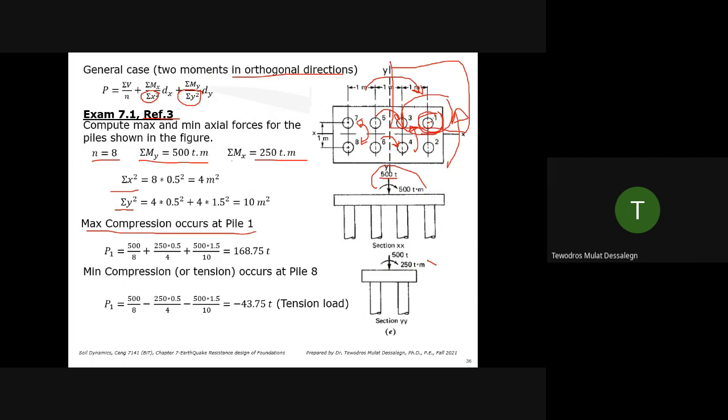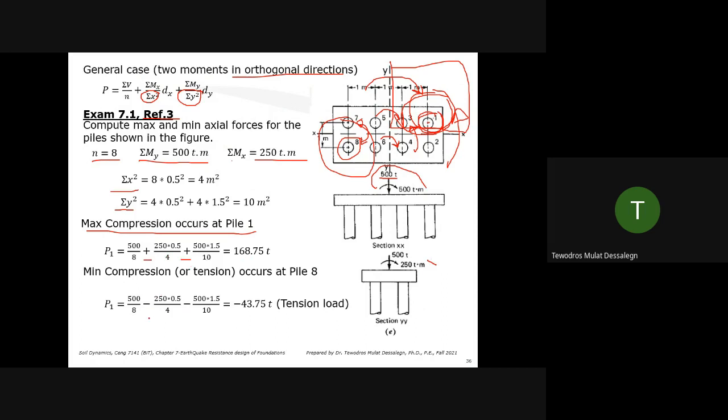The opposite of 1 would be 8. So what these moments are doing is they are lifting this part of the pile cap and compressing this part of the pile cap. So when they are lifting, then 8 is under maximum tension. So compression, you can use the plus.